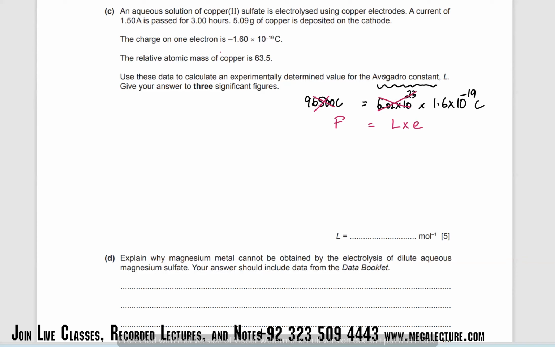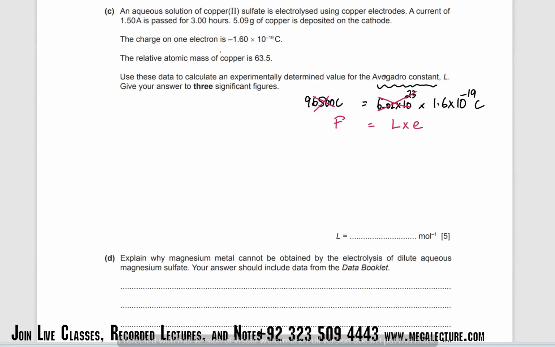ठीक है? The problem with this question was that most students kept on using 96,500 coulombs, which is why it came out wrong, because पता ही नहीं है कि वो 96,500 coulombs है, because you don't know what the Avogadro's constant is. तो ये assumption लेके, you have to start the question assuming you don't know what the Faraday constant is.